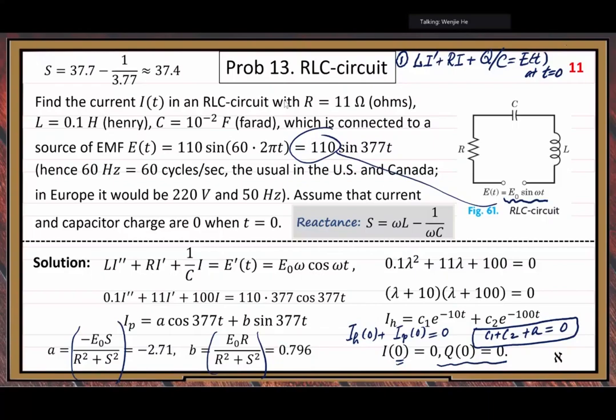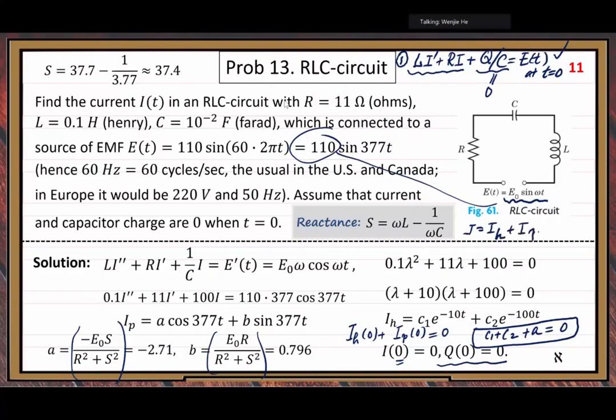The E function, you plug in, you can find a value, right? Q is the Q of 0 initial value, so this term is gone. But you need to calculate I derivative, because your I equals IH plus IP, right?